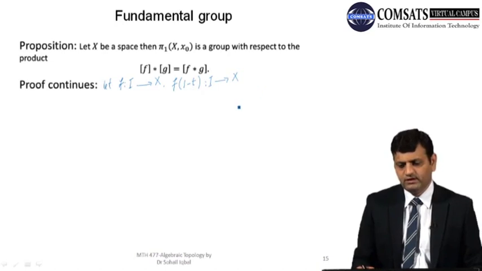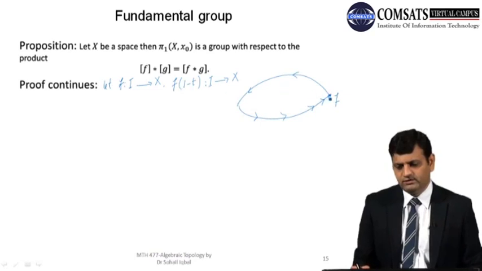So if this is the loop f and we move in this direction, then if I take f of 1 minus t, it will start from this point and move in the opposite direction.